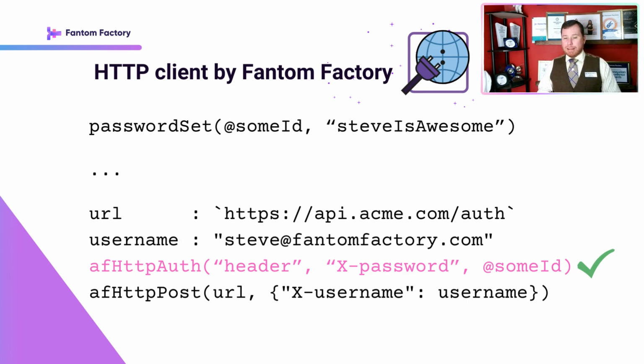So here in this example, we are setting the X password HTTP header using information stored in the secure store. And this enables us to use the SkySpark Secure Store to store and use our sensitive information and passwords when making HTTP requests.